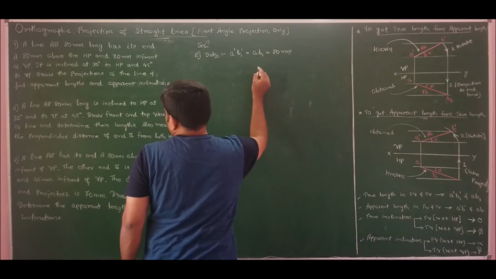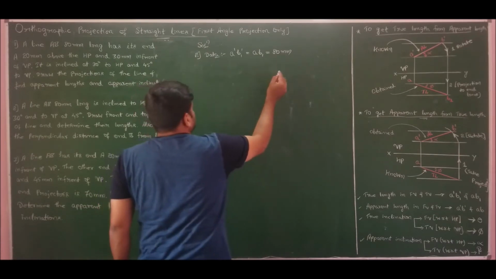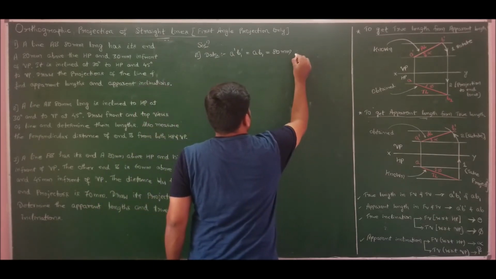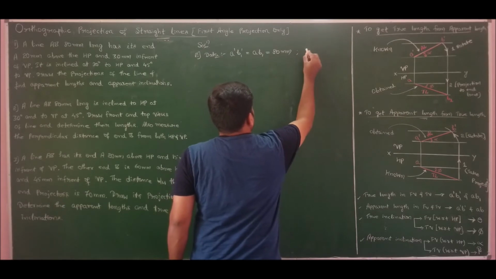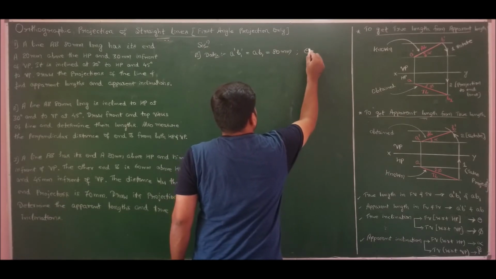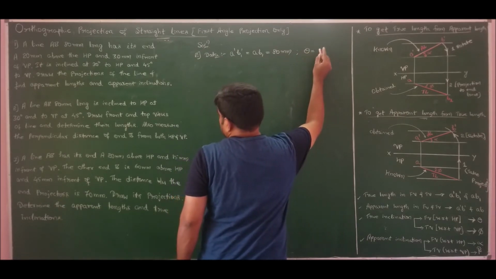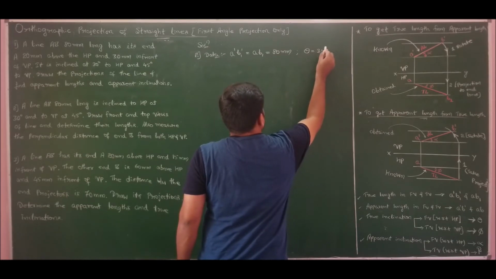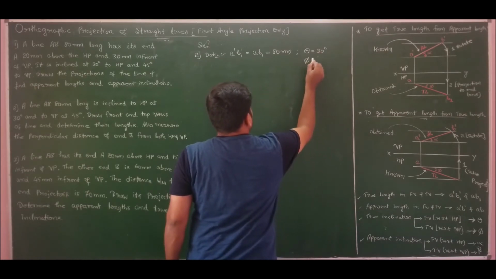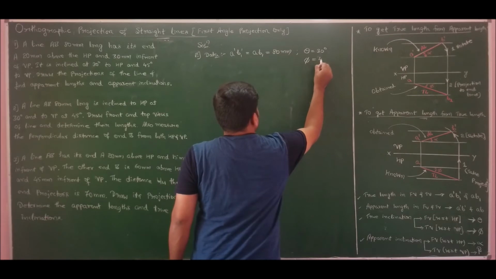It is inclined to HP at 30 degrees. So inclination to HP is shown in VP, which is marked as theta, the true inclination, that is 30 degrees, and phi is specified as 45 degrees.